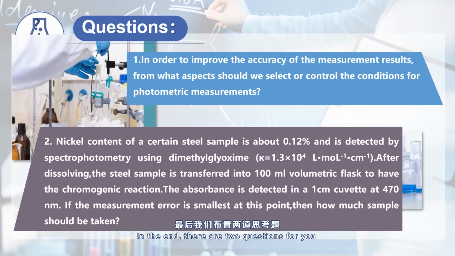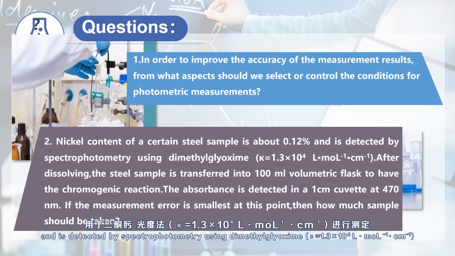In the end, there are 2 questions for you. 1. In order to improve the accuracy of measurement results, from what aspects should we select or control the conditions for photometric measurements? Second, nickel content of a certain steel sample is about 0.12% and is detected by spectrophotometry using dimethylglyoxime.